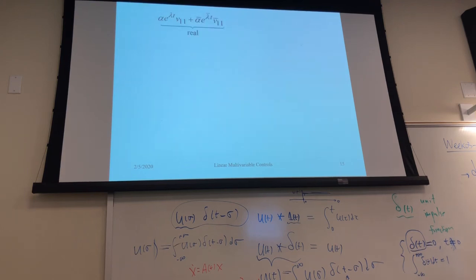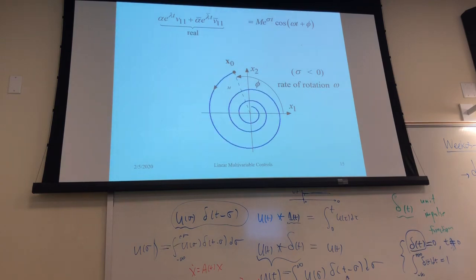So this leads you to the real part, and this one gives you something like this. So x0 is here, phi is here. If sigma is less than 0, with a rate of rotation omega like this, the magnitude is getting smaller because sigma is less than 0. So it gets smaller and smaller, and you become a spiral coming, in the end, to the equilibrium point 0, 0. You can do a demo.